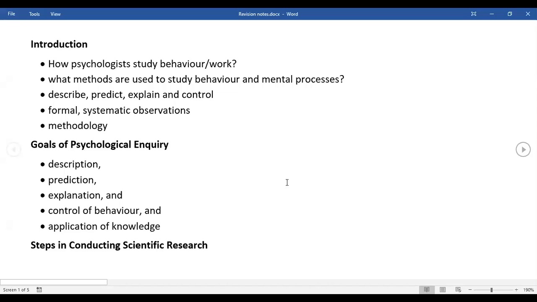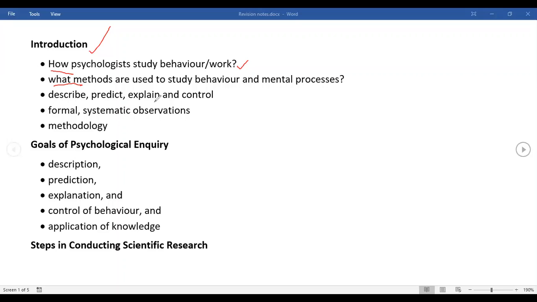So far in unit 2, we have seen the introduction to methods of psychological inquiry. What will we be studying? We'll be studying how psychologists study behavior, what methods are used to study behavior and mental processes.